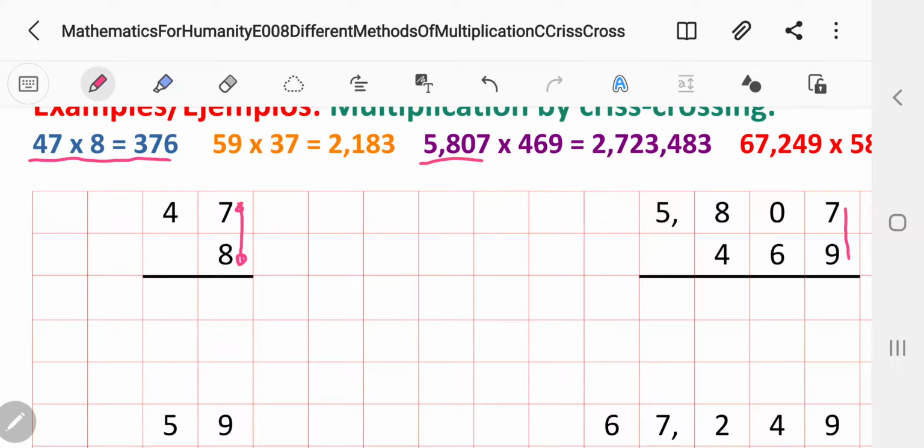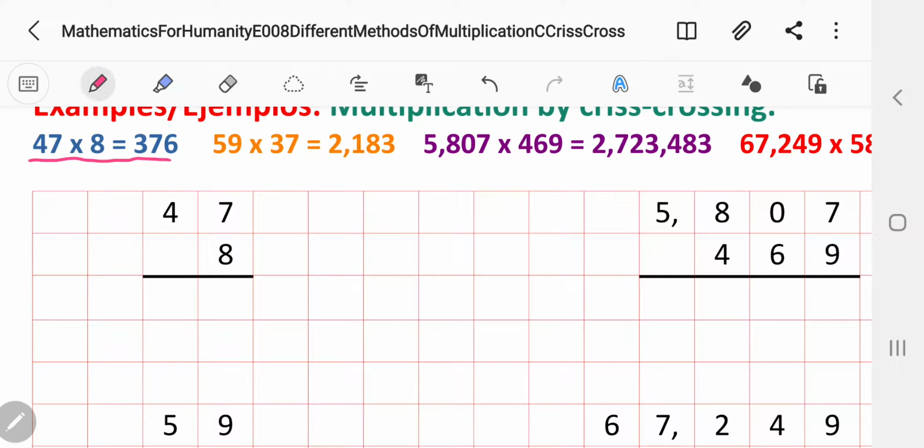You have to align 7 and 9, because it's very important, because we're going to draw some squares and then do the crisscross. So we start with this one here, 47 times 8.